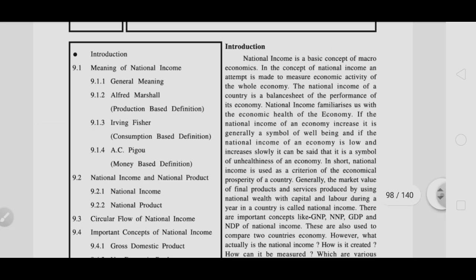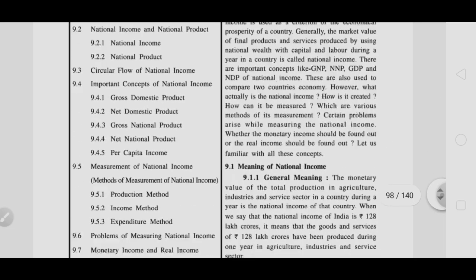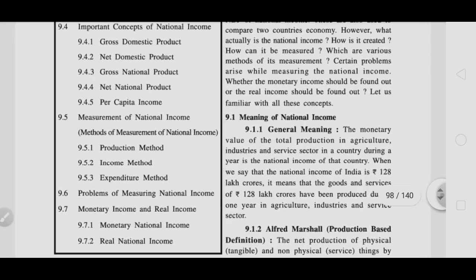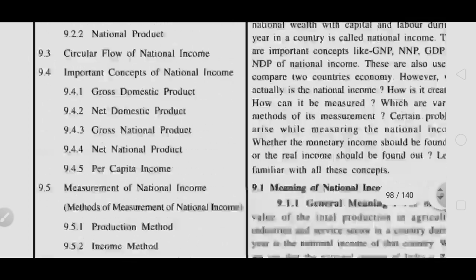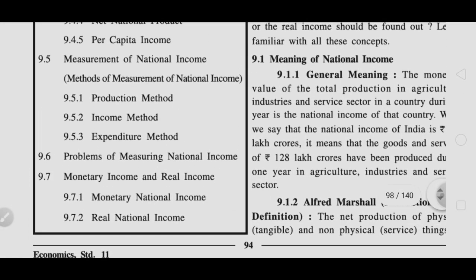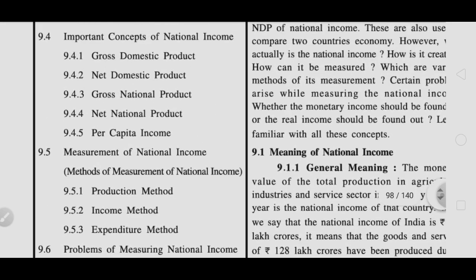From these three different points of view, we will have three different methods of measuring national income. From the definition of Alfred Marshall, we have the production method. From the definition of Irving Fisher, we have the income method, and from the definition of A.C. Pigou, we will have the expenditure method.